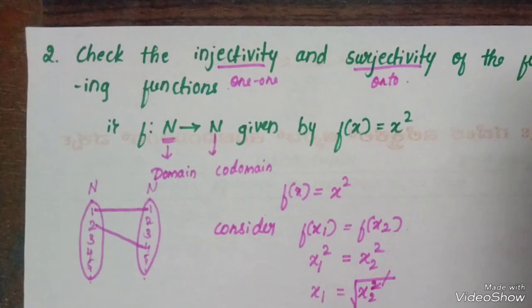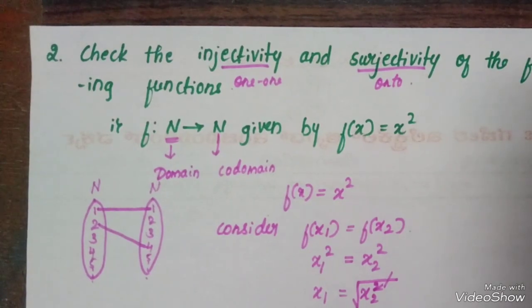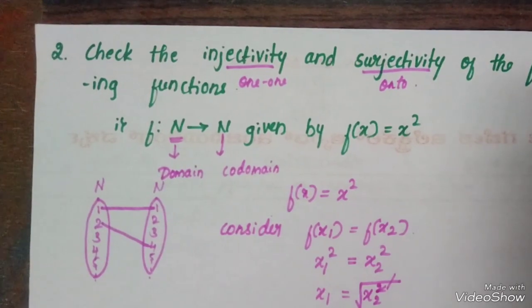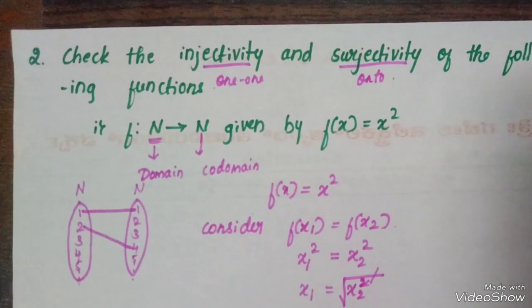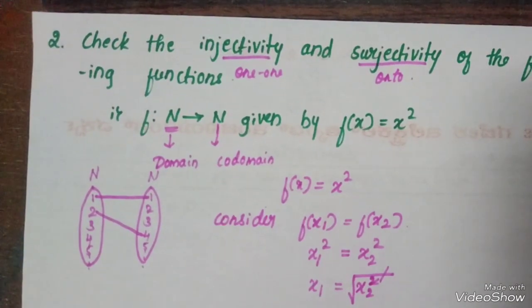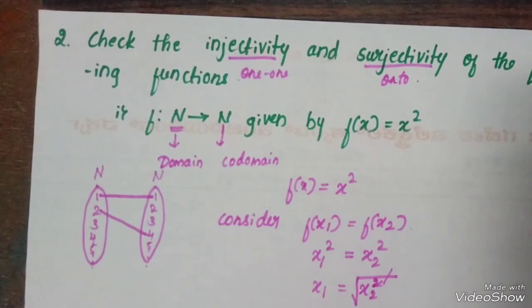Here we have taken the domain as well as the codomain as the natural numbers. Natural numbers start from 1 to infinity and all natural numbers are positive numbers. Hence we have to neglect the negative case.